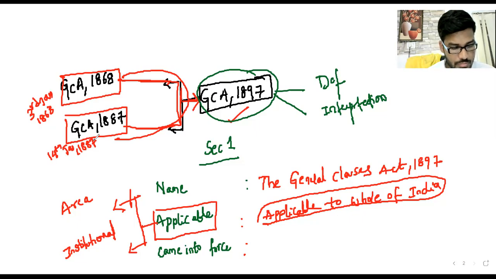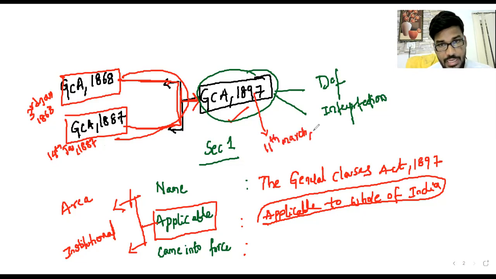Okay, sir. Next. The General Clauses Act 1897 came into force on 11th March 1897. Clear, sir?